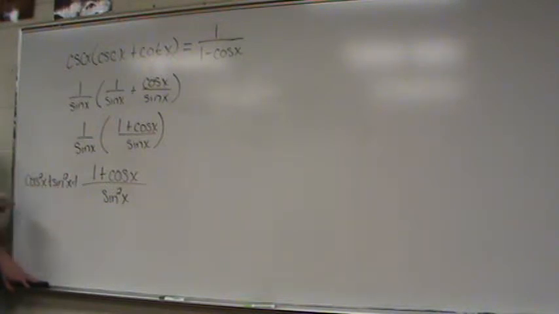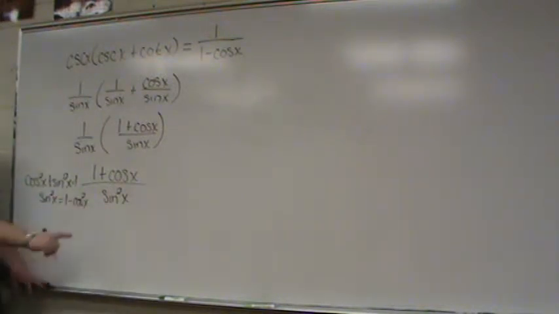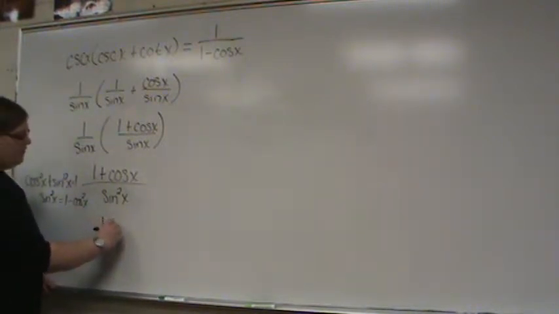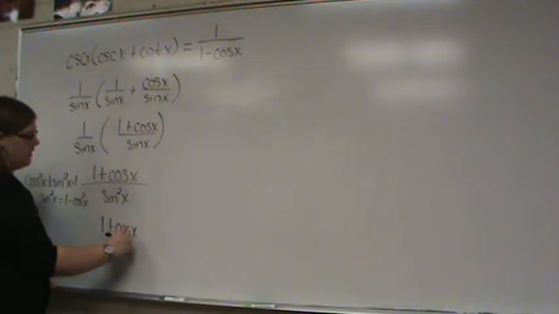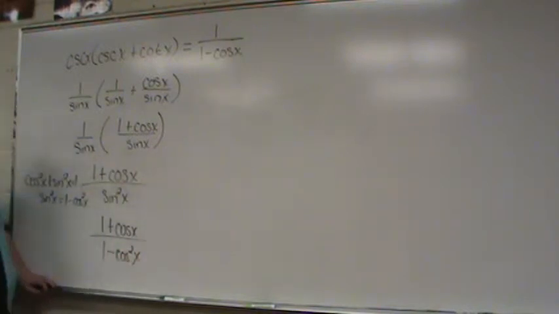But then we can solve for that sine squared x, and we get that sine squared x equals 1 minus cosine squared x. So we can use that to rename our sine squared x. Yep. So we now have 1 plus cosine x all over 1 minus cosine squared x.